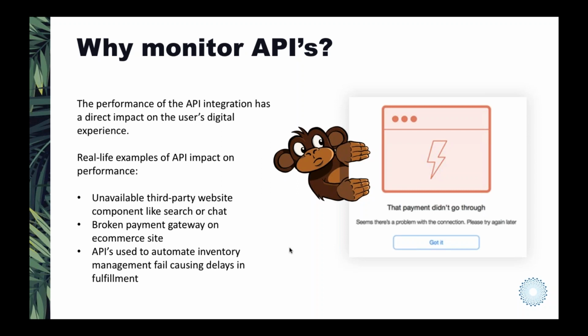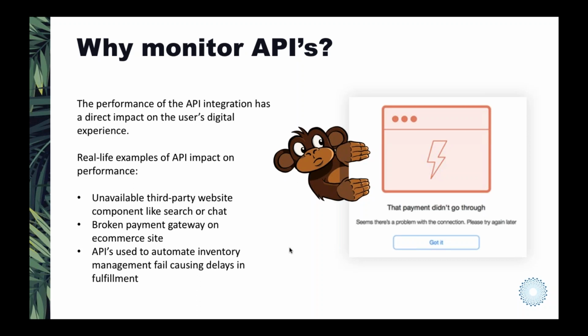All these little API interactions can have a negative impact on an end user experience. So by not just monitoring web pages in general, it's also a good idea to monitor those APIs and monitor them frequently to be able to catch these issues as and when they occur a lot quicker than you would with traditional web page monitoring.